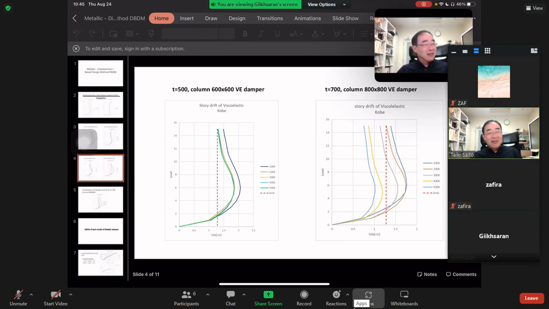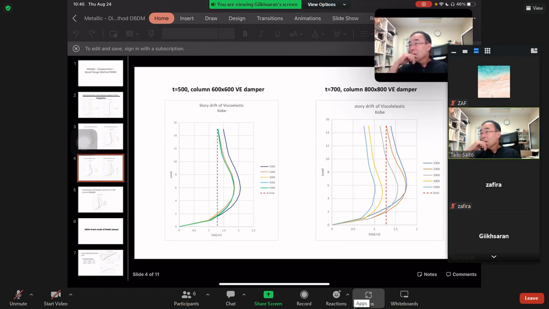Do you have any idea why you have a big difference on the right side, but a small difference on the left side? I guess for wall thickness 500, the difference between wall thickness and column is 200, but for wall thickness 700, it is not too much.